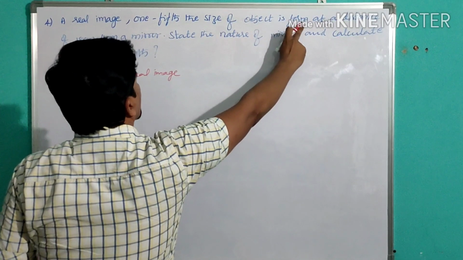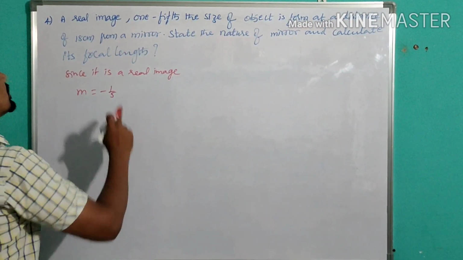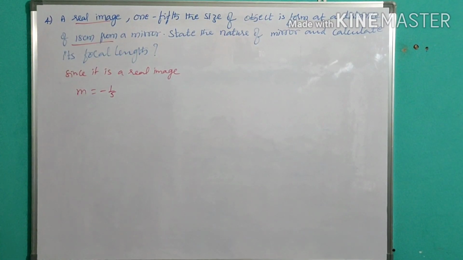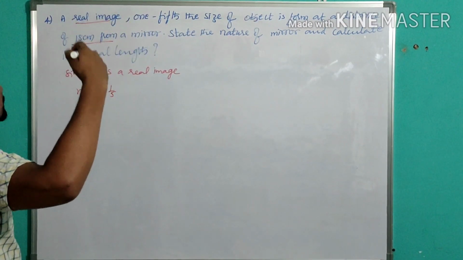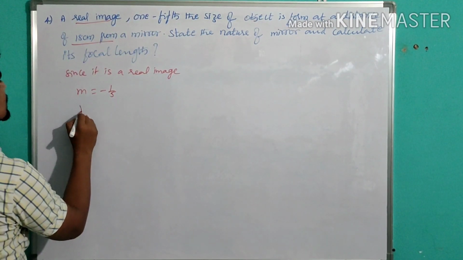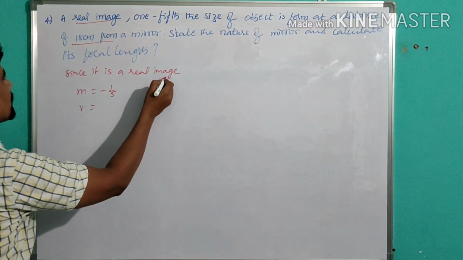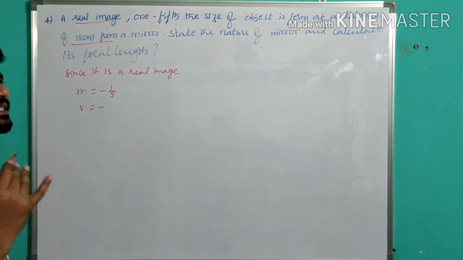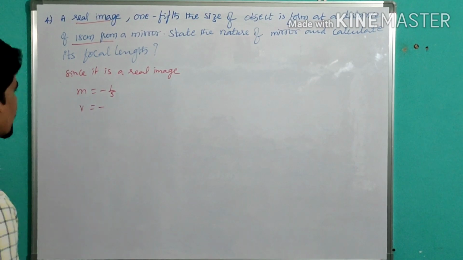A real image is formed 18 centimeters from the mirror, which means it is the image distance v. Since it is a real image, image distance is negative. For a real image, image distance is negative, object distance negative, magnification negative.